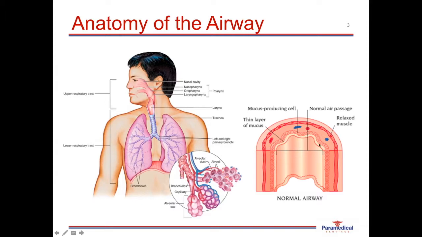These mucus cells are incredibly important for humidifying air that we breathe in, and also for trapping any foreign bodies in the mucus, and these get pushed up through the respiratory tract, which can then get coughed out. These are two very important anatomical characteristics of the airway that we need to understand so we can also understand the process of the acute asthma attack.